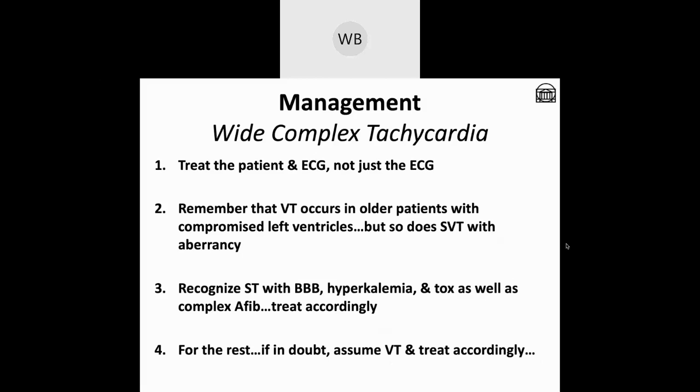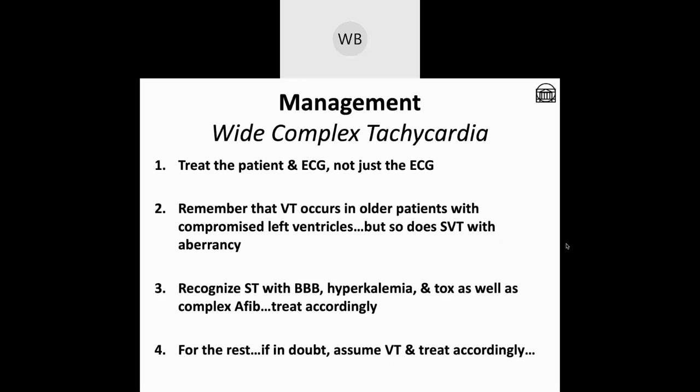Remember that VT occurs in older patients, particularly those with a compromised left ventricle, meaning past MI, significant chronic heart failure, multivessel coronary disease. So that's the kind of patient that develops Vtach. We do see Vtach in younger people, including children, but it is very uncommon. Also, remember, SVT with aberrant conduction does occur in older people and younger people.